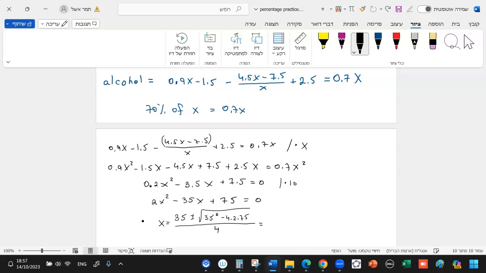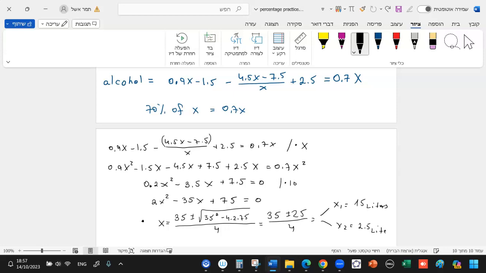This whole root is 25. We have 35 plus minus 25 over 4. And its first solution is 60 over 4, which is 15. And the second solution is 10 over 4, which is 2.5, both in liters.